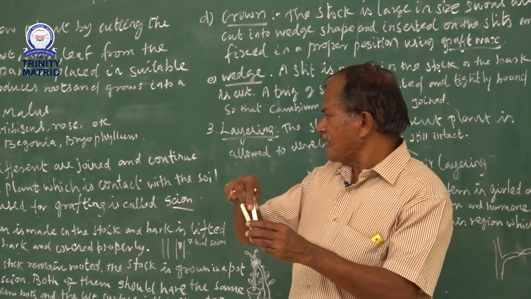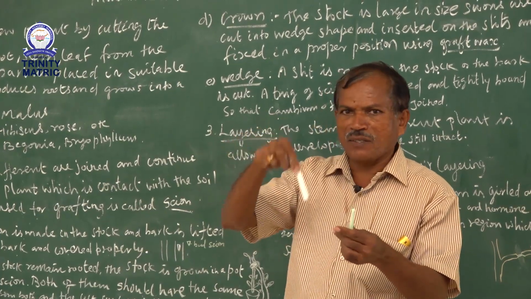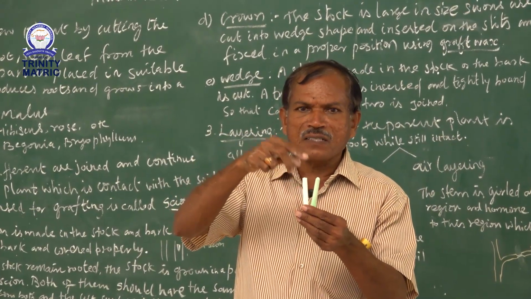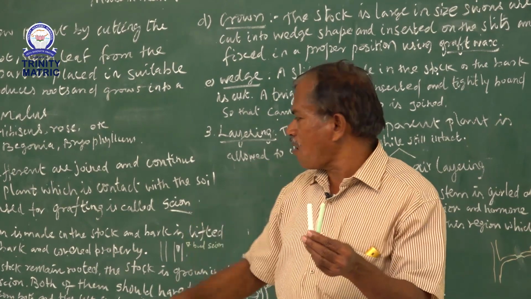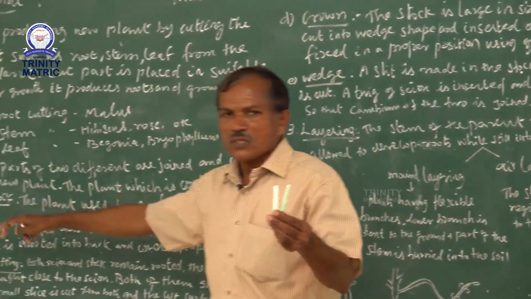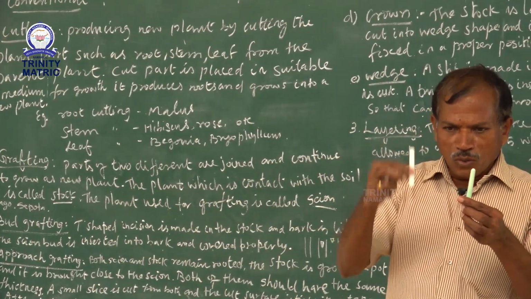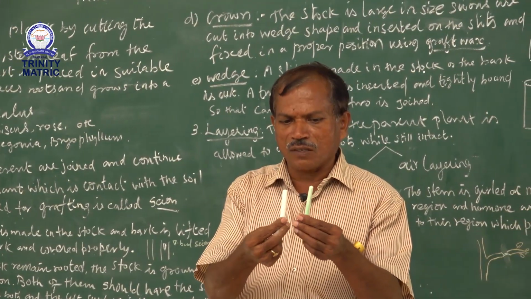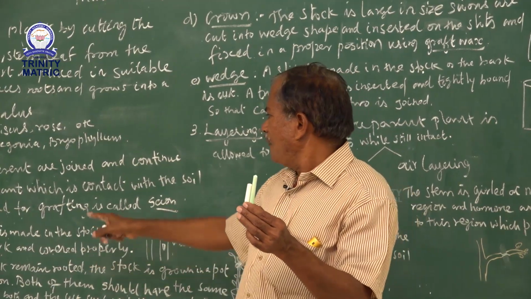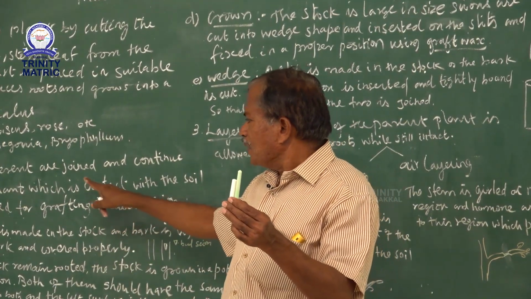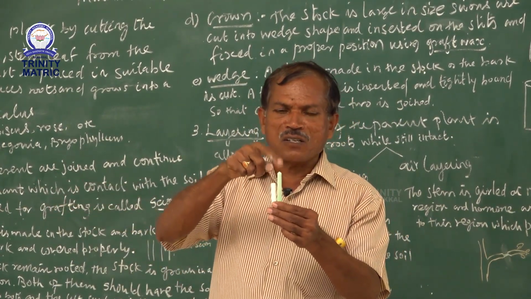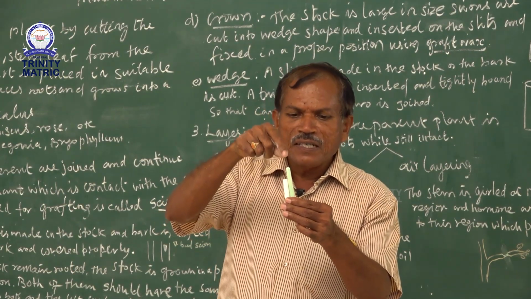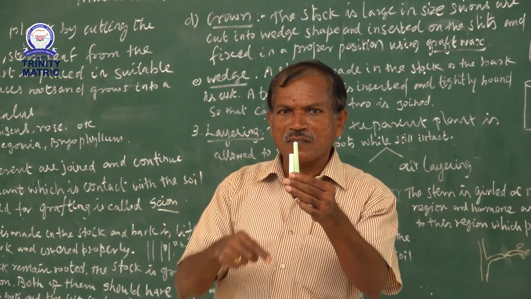The plant which is in contact with the soil is called the stock. Whichever plant is growing in the soil, that part is called the stock. And the plant which is used for grafting is called the scion.